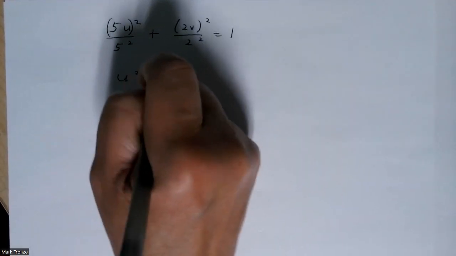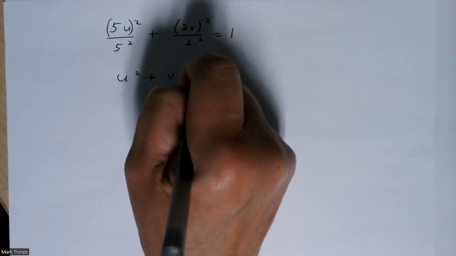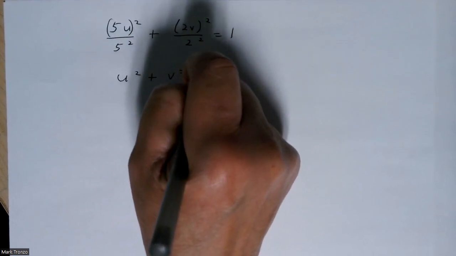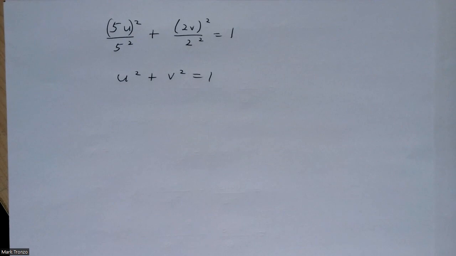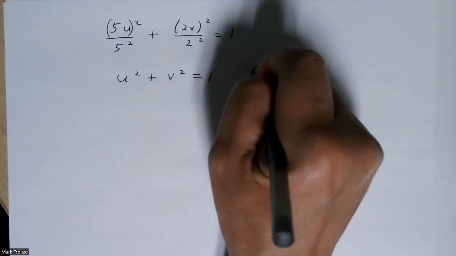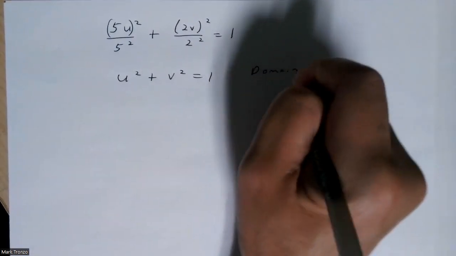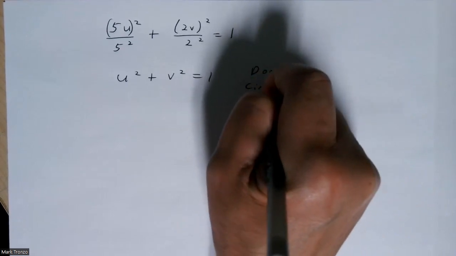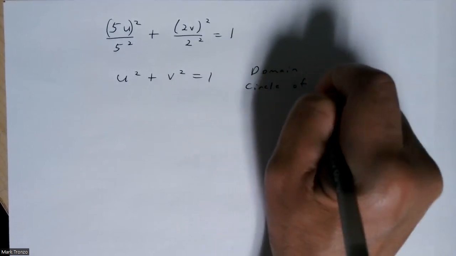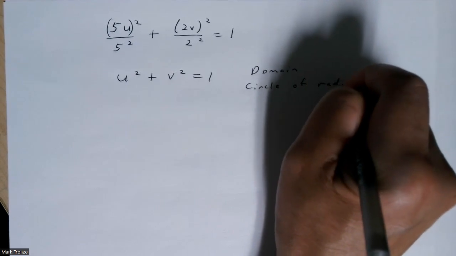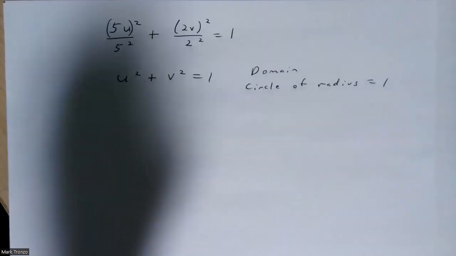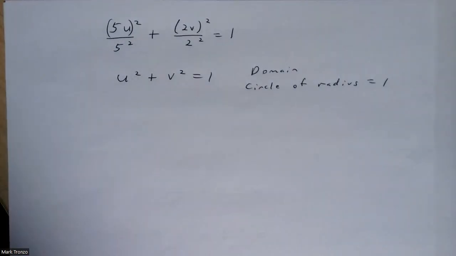We have u squared plus v squared equal 1 squared. So once again, our new domain is going to be a circle of radius 1. So now we can calculate the Jacobian.